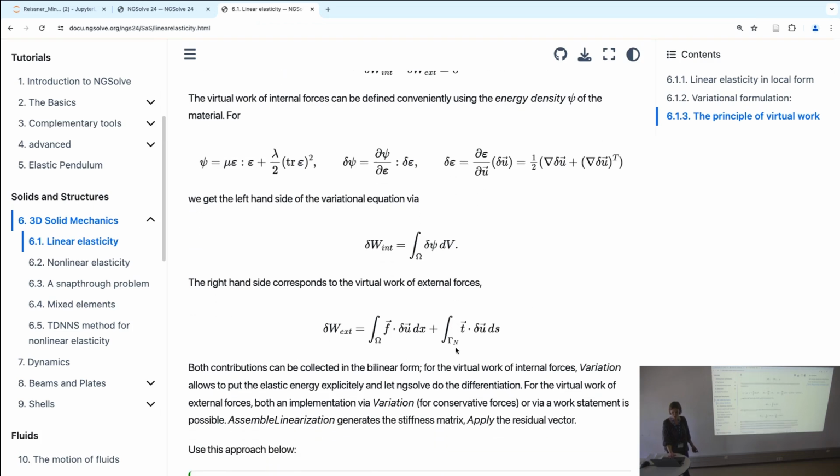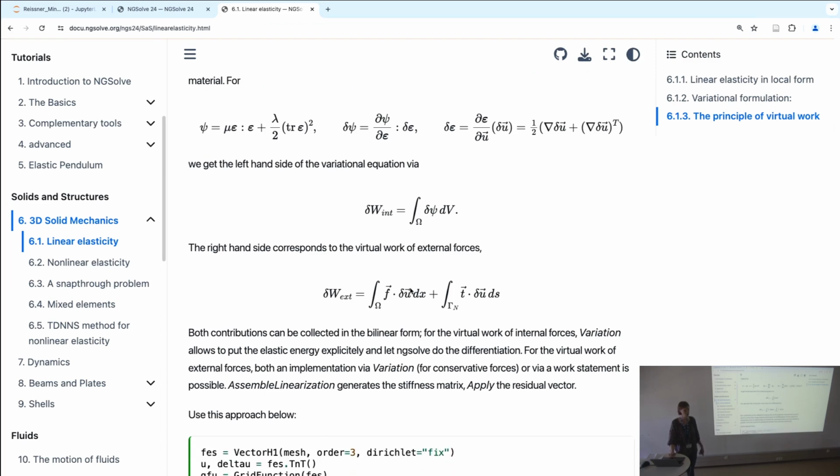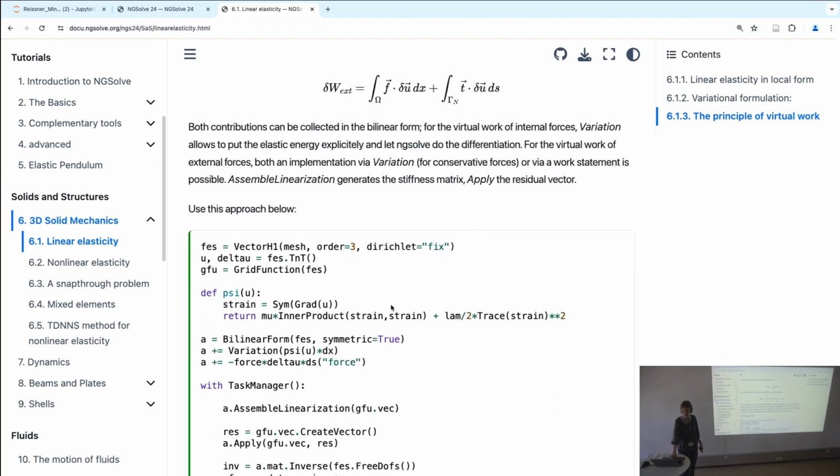And then the virtual work of internal forces is the variation of energy by our virtual displacement. And for the virtual work of external forces, we have some expression given by the forces acting on the system. So usually it's force acting times virtual displacement integrated over whatever domain is of interest.